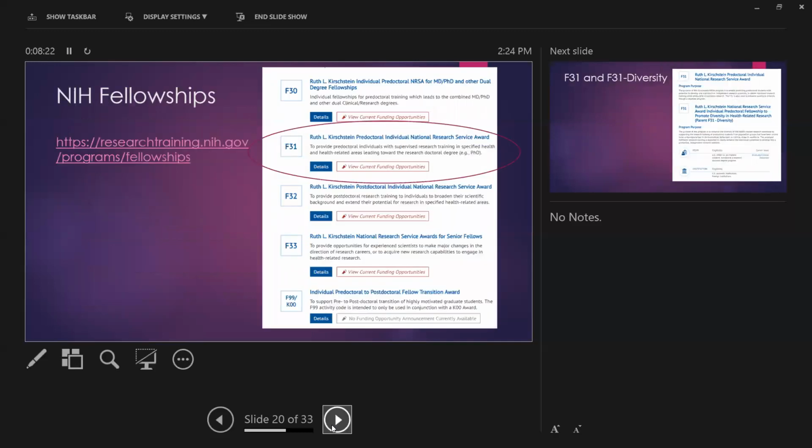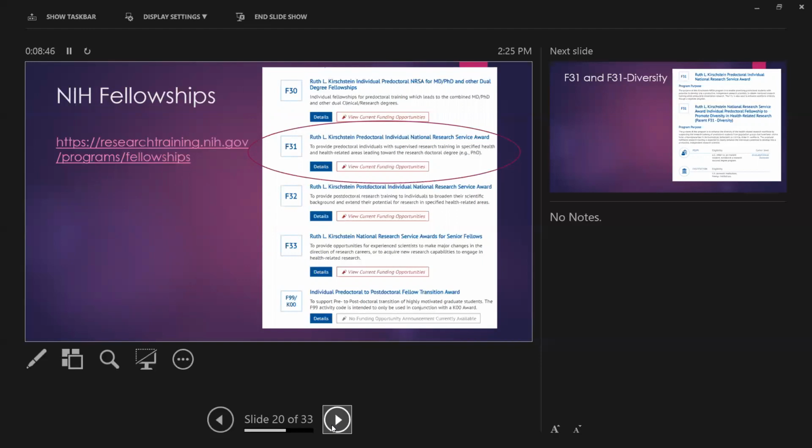Okay, so NIH fellowships. So this is what this class is about. This is how to apply for an F31. And the F31 is called the Ruth L. Kirchstein Predoctoral Individual National Research Service Award. Okay, so you can go to this link, researchtraining.nih.gov, programs, fellowships, and you can see all the different types of Fs.